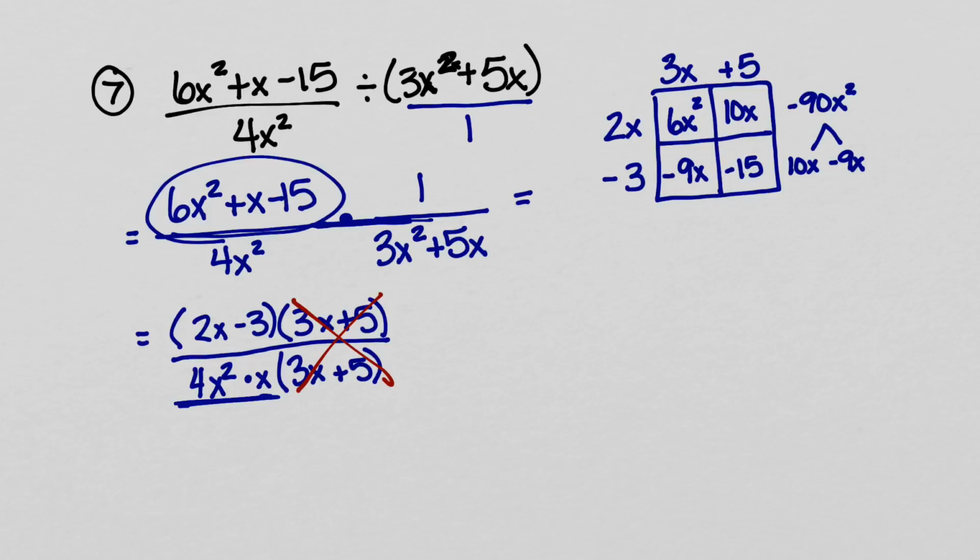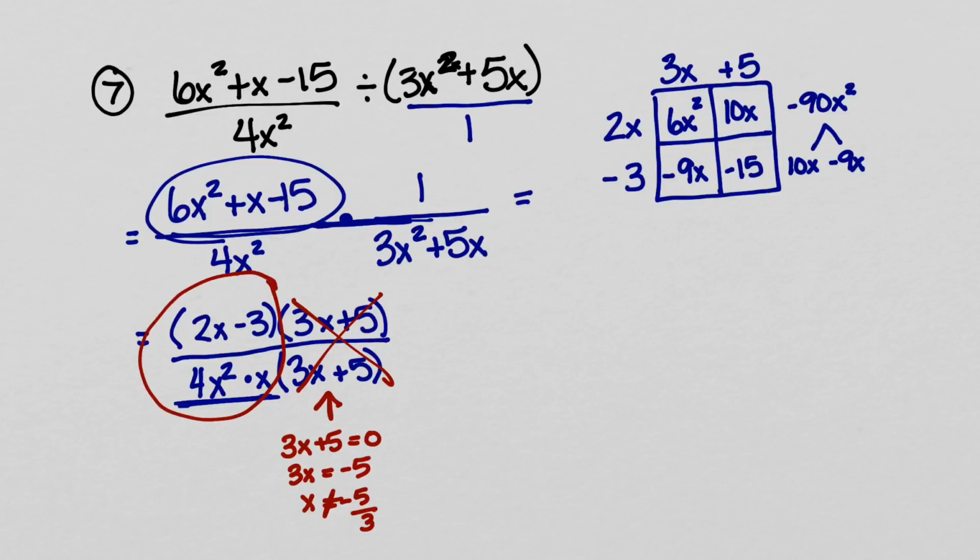And while we're doing that, we know this can't equal 0, so 3x plus 5 equaling 0. If I solve for x, I get x is negative 5/3. That's going to help us out in our answer. We know that x can't equal that. So I went ahead and just did that step while I was going. Now this is what I have left.